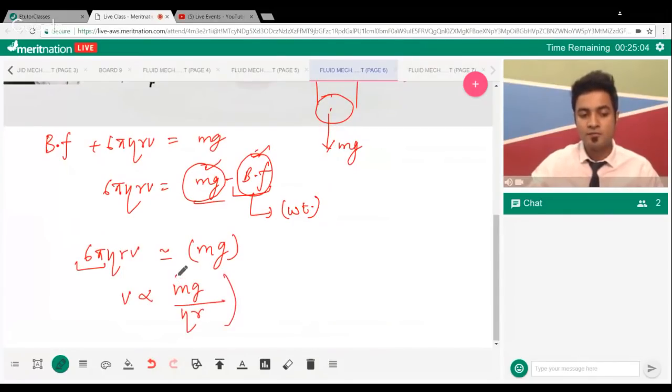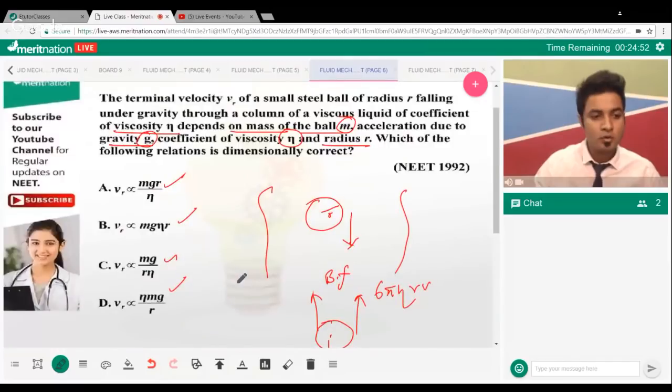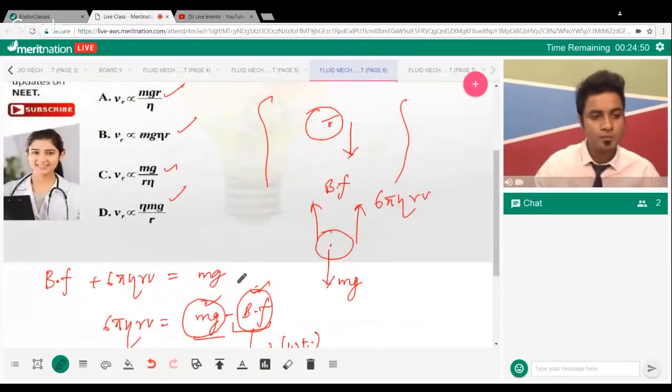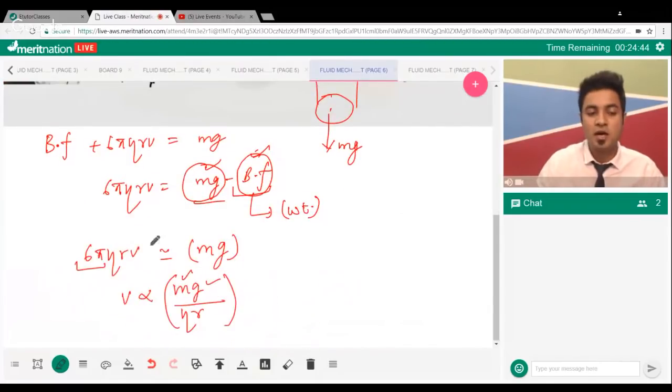So these are the factors on which it depends: weight, meaning mass and gravity, and eta, the coefficient of viscosity, and the radius of the ball. Which one should be correct? The C option. You can see the C option is matching with our answer.